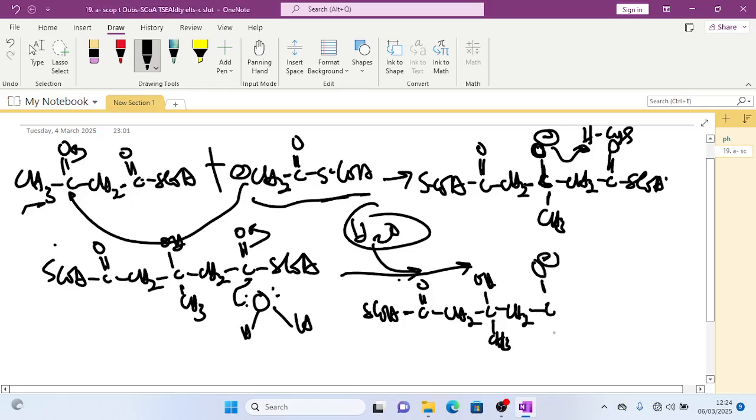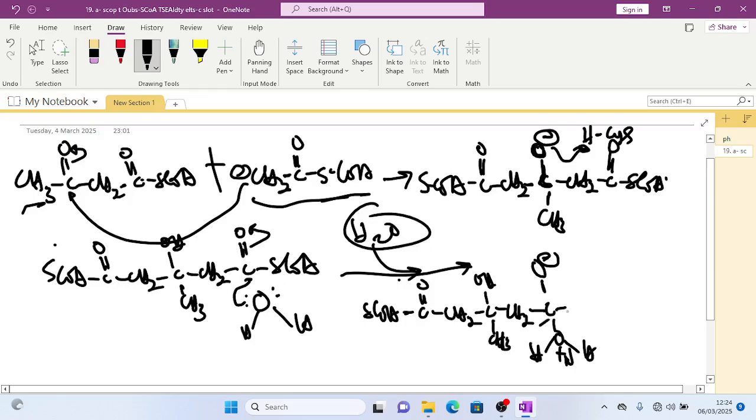The negative charge. Now, let me show you this. Hydrogen, hydrogen. This is going to be positively charged, so this bond has to break so as to balance out this positive charge.